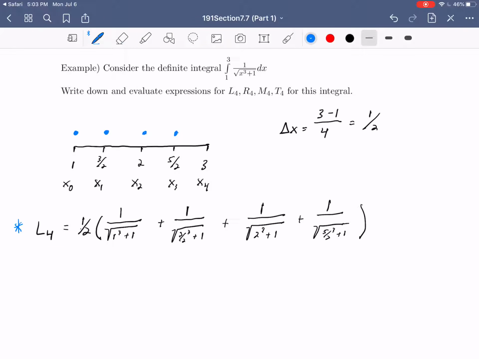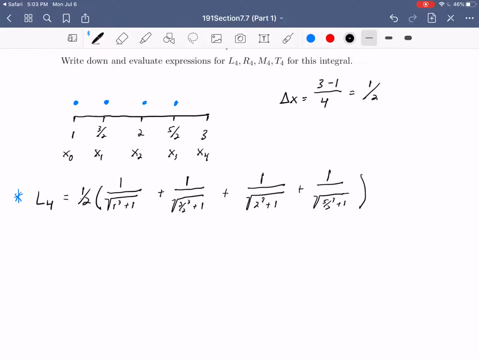Now, again, most of the time, to be honest, you are just going to be asked to set up, do not evaluate, because we're not really interested in having to do a lot of calculator work. But if you wanted to, you could come up with an actual approximation by typing this stuff into your calculator.